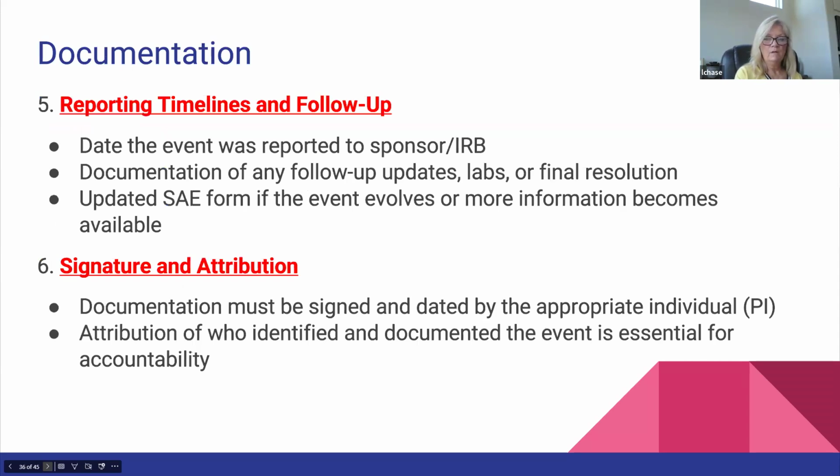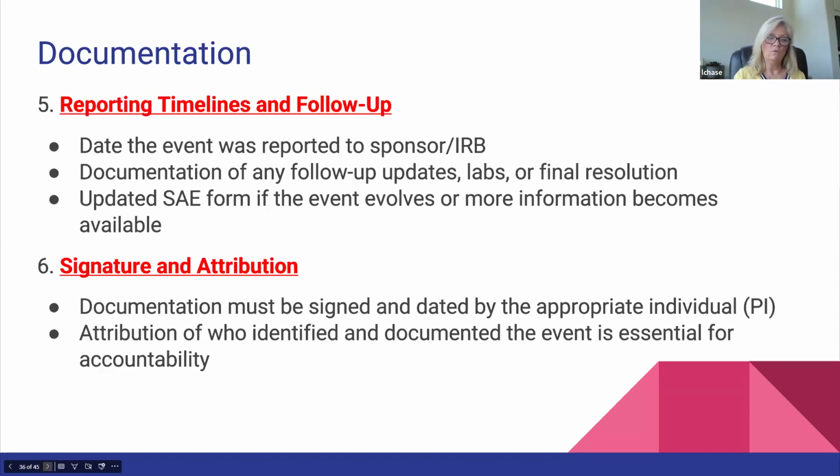So for reporting timelines and follow-up: the date the event was reported to the sponsor and IRB, documentation of follow-up dates, labs, and final resolution, and an updated SAE form in the event it evolves or more information becomes available. Some sponsors have their own SAE form, so find out if they have their own form that they want you to fill out, and then you would go ahead and fill that form out.